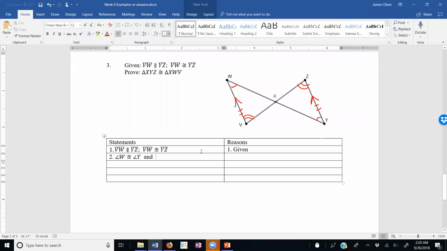The other pair of congruent angles are angles V and Z, and this is by alternate interior angles. This is not the full theorem, but we will be a little bit lenient on this and say that it's okay to state alternate interior angles.